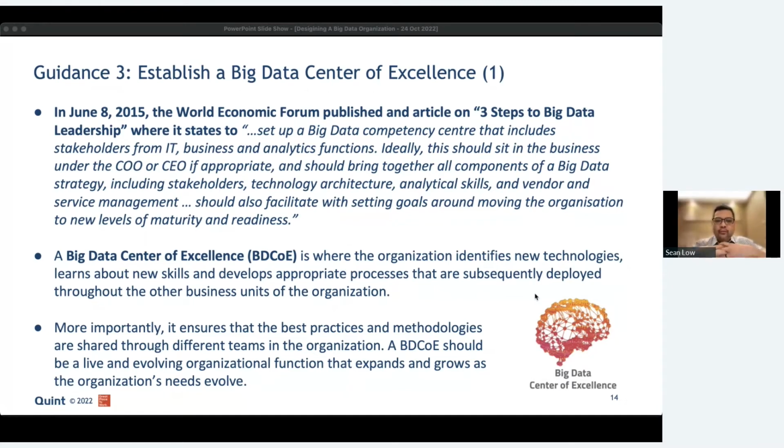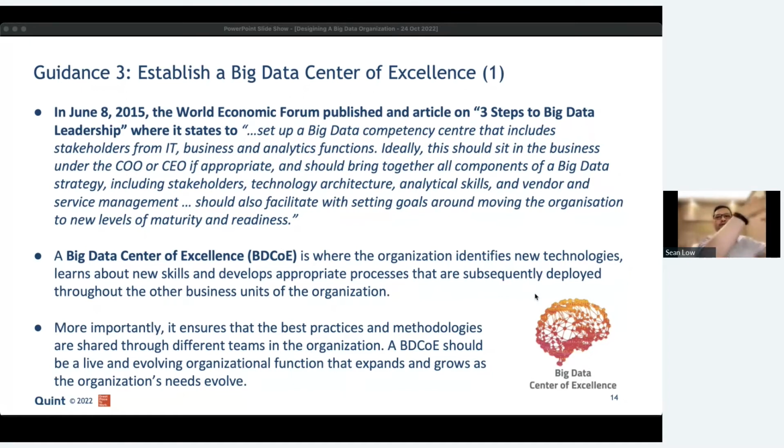So very importantly, the big data center of excellence provides the best practices and the methodologies for doing big data successfully as the organizations evolve. Because again, the center of excellence can provide foundational big data knowledge for any organization starting up with big data.